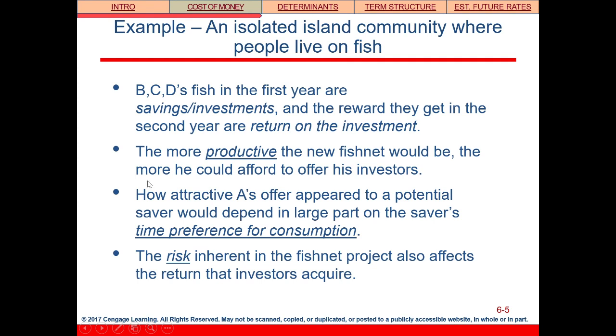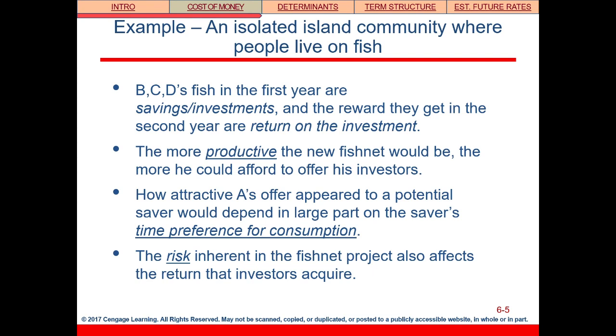And the more productive the new fish net would be, the more A could afford to offer his investors, right? If his fish net is like 10 times more efficient, in that case, if now he can fish like 3 fish every day to survive, next year he's going to fish like 30 fish every day.